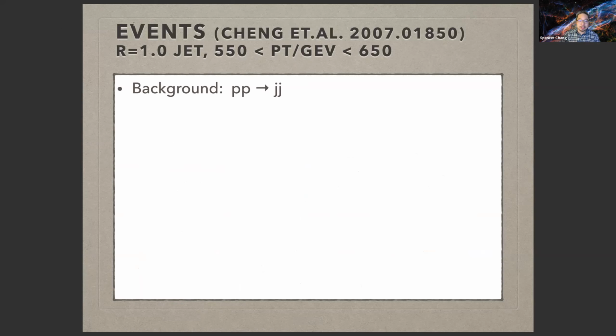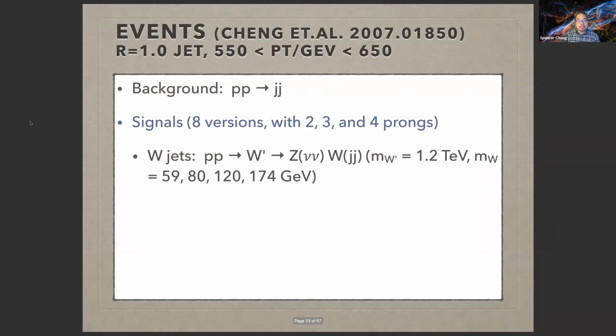In this source, they are R equals 1.0 jets, and we're going to make a PT cut. The background is just dijet events where you look at one of the jets in this R and PT range. The signals are really 8 versions in 3 classes. Roughly, the idea is that these have a variety of jet substructure, 2, 3, and 4 prong, with an increasing number of prongs.